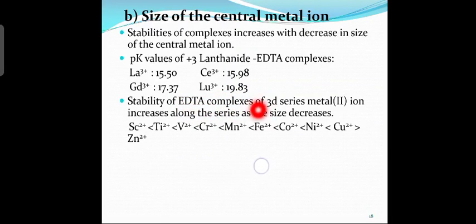Stability of EDTA complex of the third series of the metal increases along the series as the size decreases. You can see here, as the size decreases, stability of the complexes goes on increasing. Okay, this is the order of decrease in size: scandium, titanium, vanadium, chromium, manganese, iron, cobalt, nickel, copper and zinc. Okay.